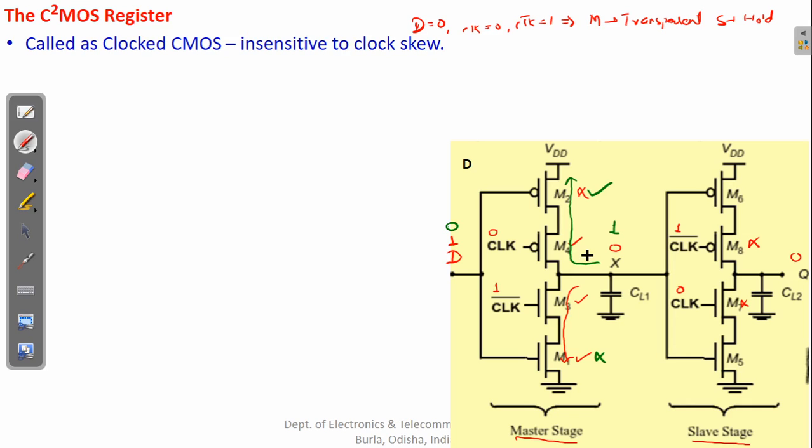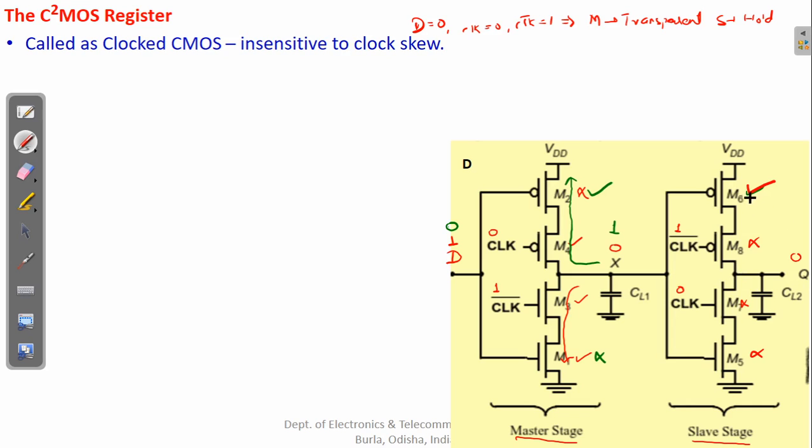Now look here that this happens irrespective of the value of node X. If node X is 0, that will make this on and this off, but it doesn't affect the value of Q because M8 and M7 are off.